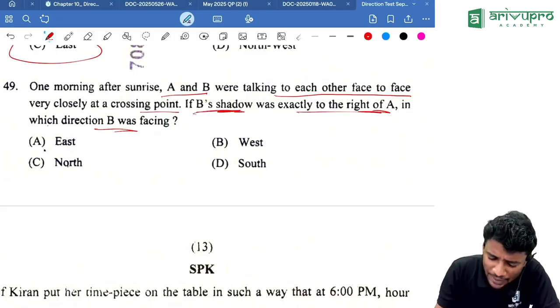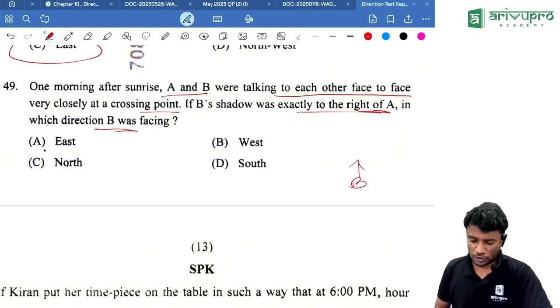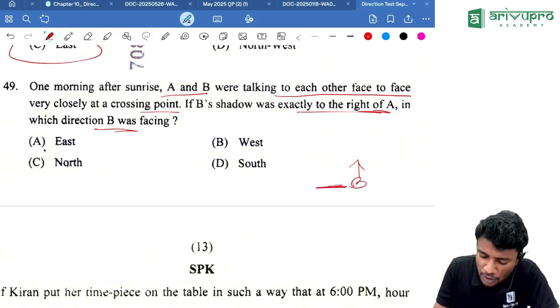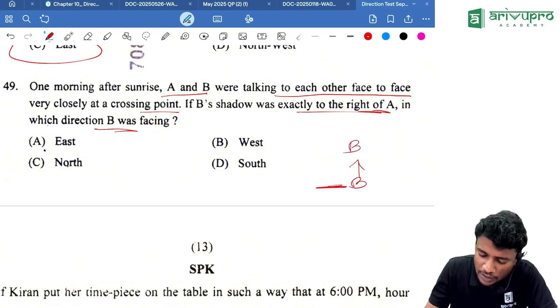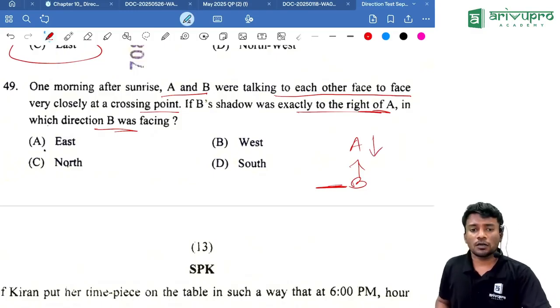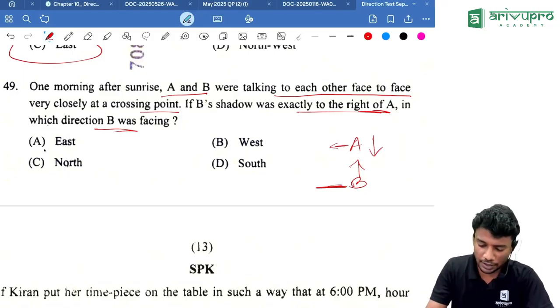Let's see. B's shadow. If B is looking towards north, his shadow will be towards the left of B. Then, if A is standing over here and looking towards south, A's right hand is where? This is A's right hand. Correct?